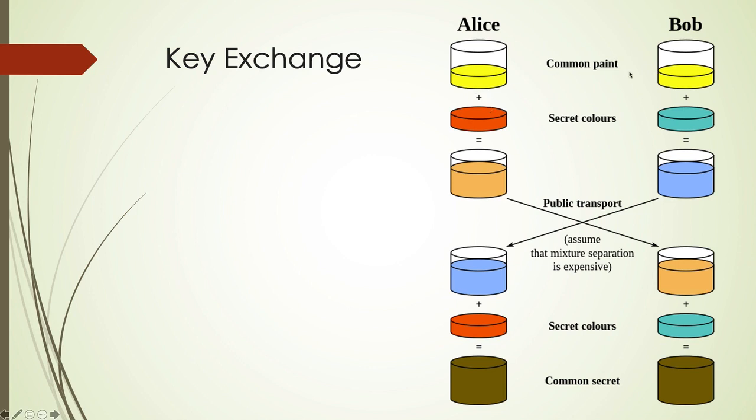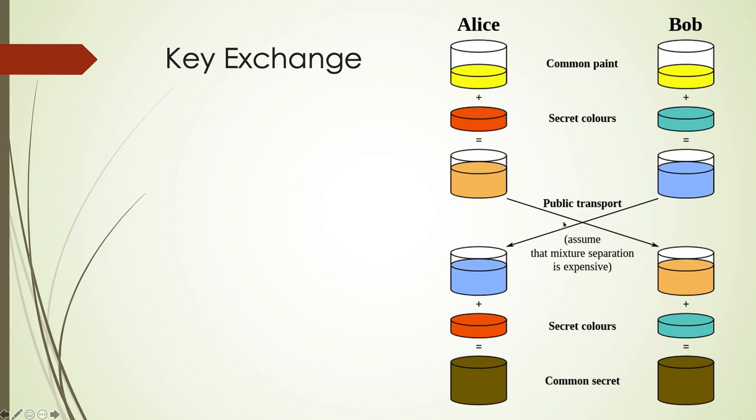So they both know the public key. They have their own secret colors, which no one knows but them. They blend their colors with the common paint and send that mix over to each other.